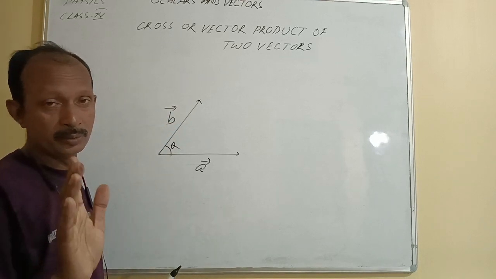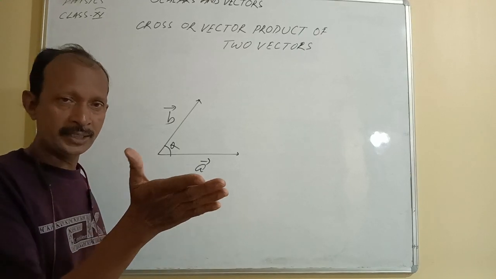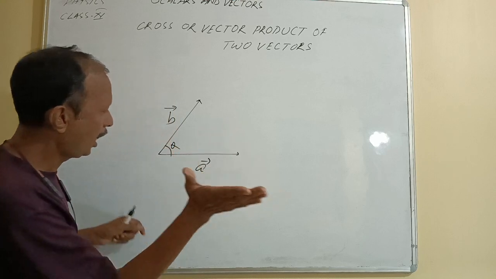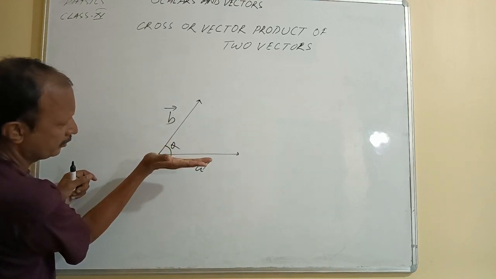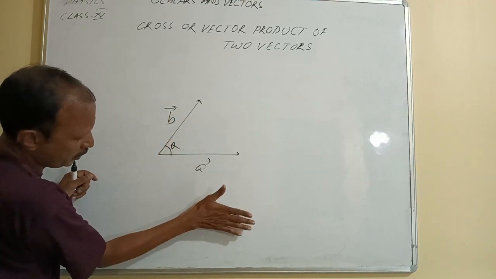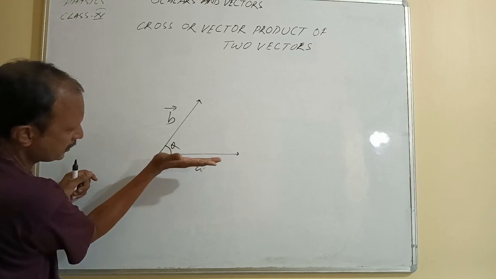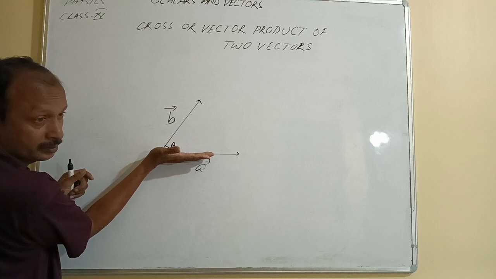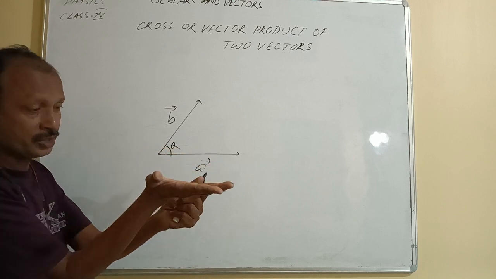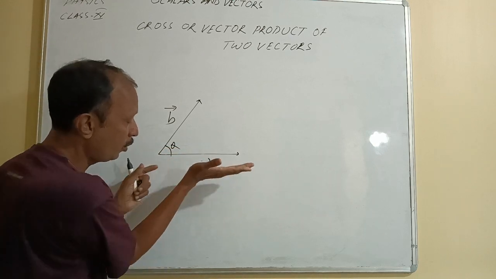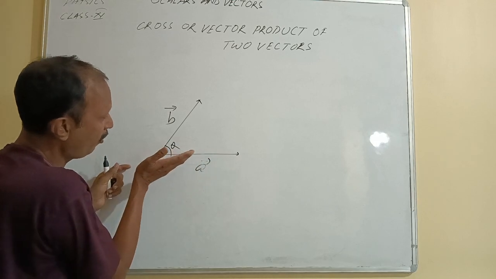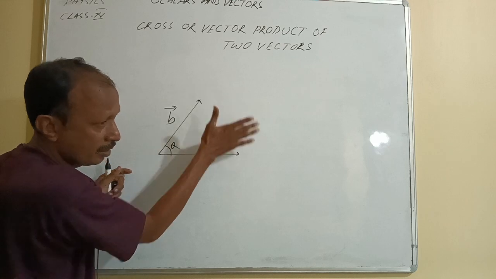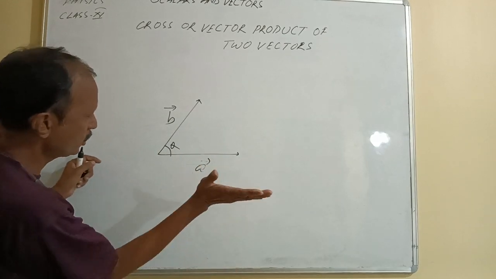What we have to do? We have to stretch your right hand palm. See here. And just place it perpendicular to this plane, meaning you place it along the A vector. My stretched hand is perpendicular to the plane formed by the vectors A and B. You can think this is the plane of the board, plane of this white board.